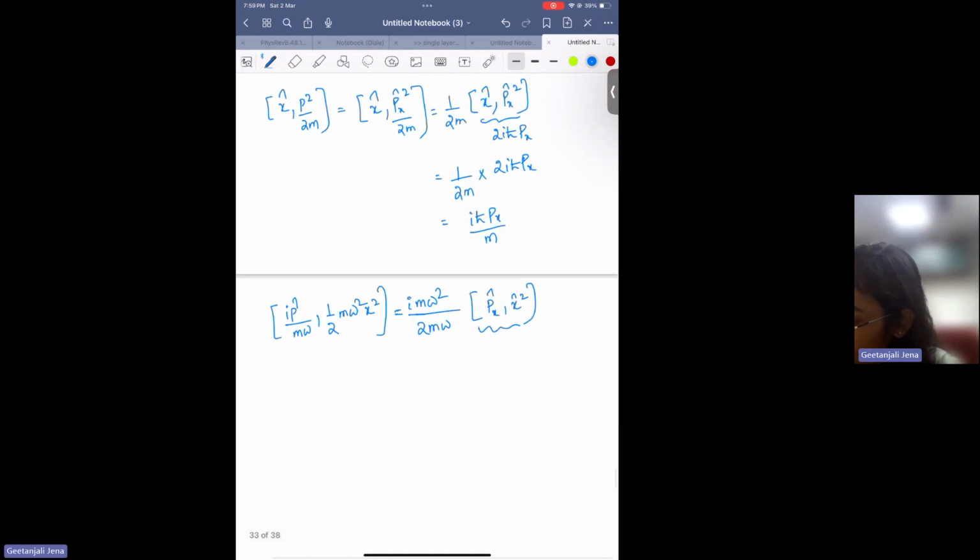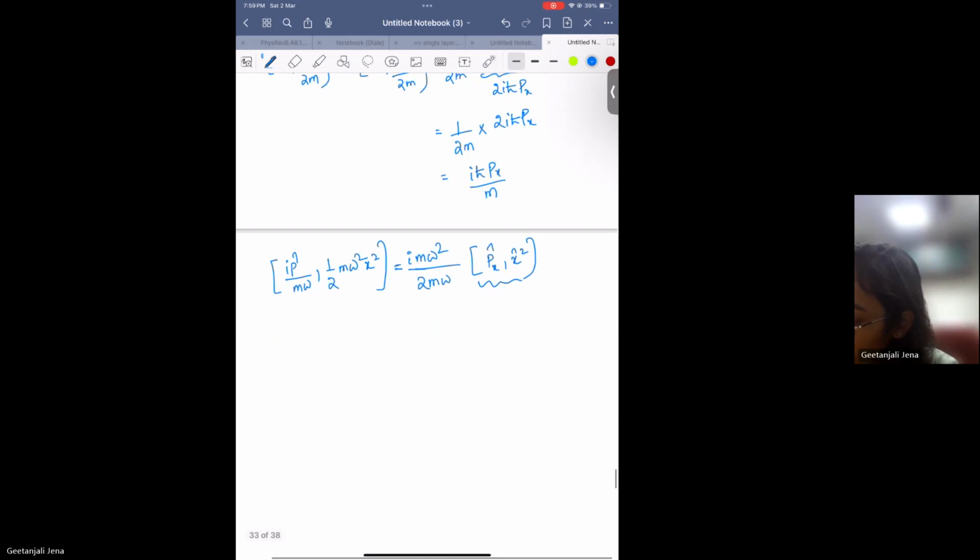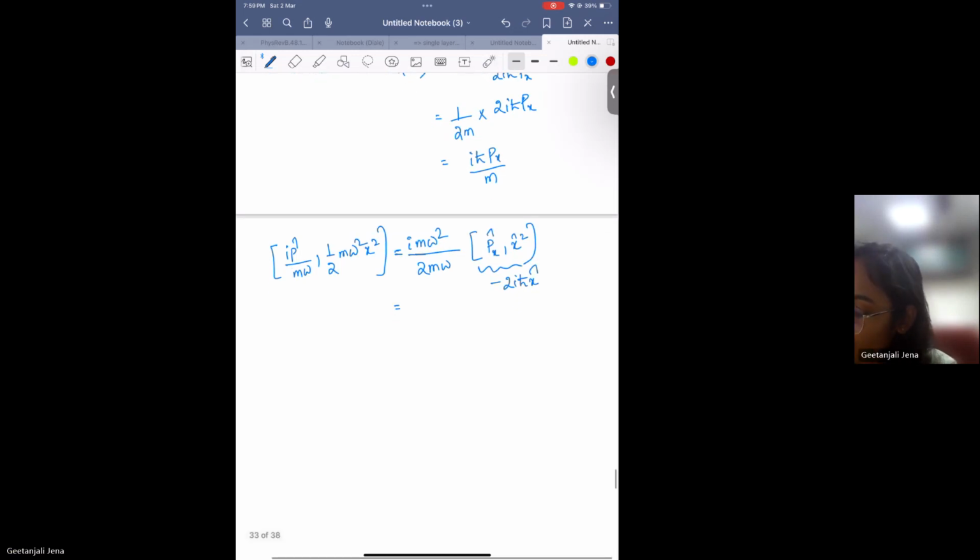Now same, use the property of commutation. Then you will find what this is, nothing but minus 2iħ x. So we cancel the ω and cancel the 2 here. The resultant will be ħ ω x.